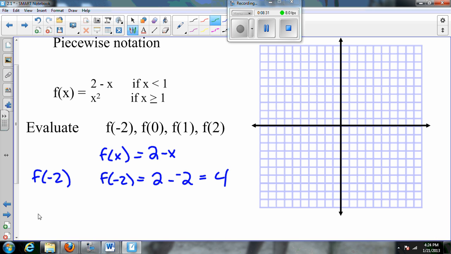Now we're looking at f of 0, and 0 is less than 1, so we're still using f of x equals 2 minus x, so f of 0 goes to 2 minus 0, which is 2.